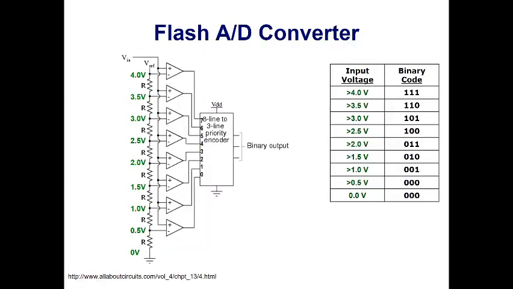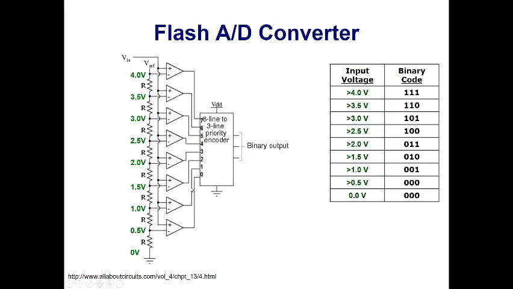If you need tens or hundreds of megahertz of sampling frequency for really high speed work, then you only have one choice. That's a flash converter. Flash converters are very expensive, use a lot of power, and generate a lot of heat because they are literally a bunch of comparators. And every time you add a bit to the resolution of a flash converter, you have to double the number of comparators in it.